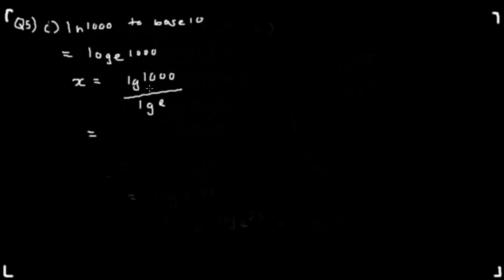Now this seems a bit hard, like how are we going to find log 10 of e? But they don't expect you to do that, so just find log 10 of 1000. So this is just 3. What do you have to raise 10 to, to the third power, to get 1000, right? So 3 over lg e. This is the answer. So then next question.